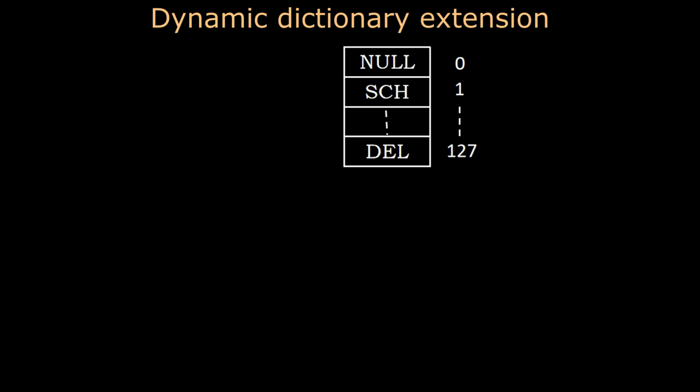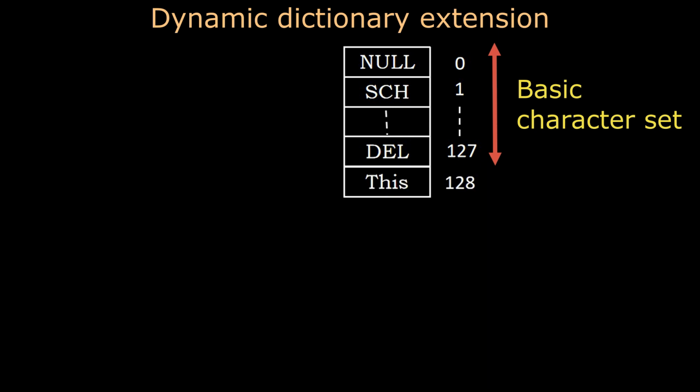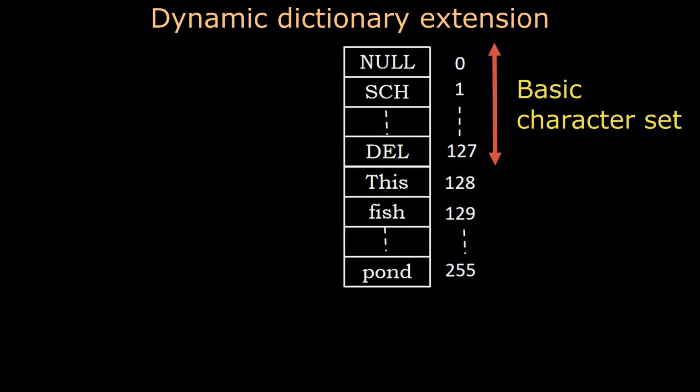So initially the encoder consists of only the basic character set. They are stored in the index from 0 to 127. Then when a new word has come, for example "this", that will be stored in the index 128. Then when the new word "fish" has come, it will be stored in the index 129. Like that you can go up to 255.